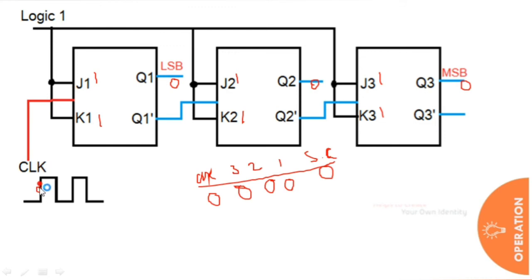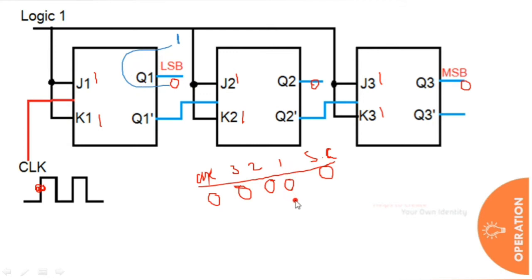I am considering a positive going clock pulse here. Then output is toggled and it is going to be 1. See, initially 0, 0, 0. Now after applying the input and clock pulse, output is toggled to 1.